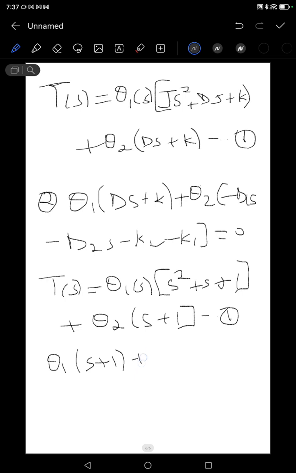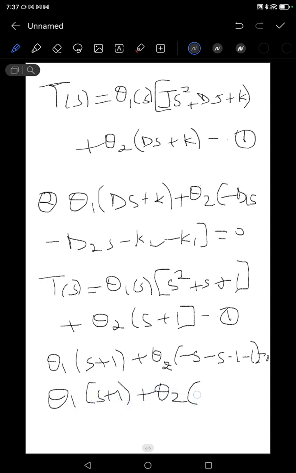Okay, plus theta 2 into minus S minus 1, like this, all equals to 0. Okay, and then this one is going to be minus 2S minus 2. So theta 1 into S plus 1 plus theta 2 into minus 2S minus 2, like this, all equals to 0.